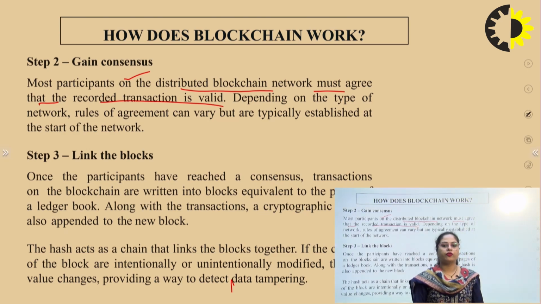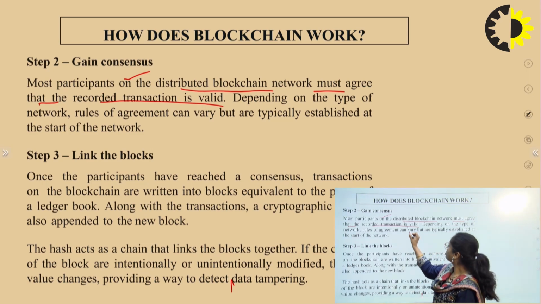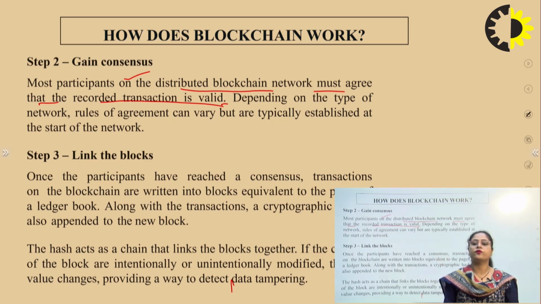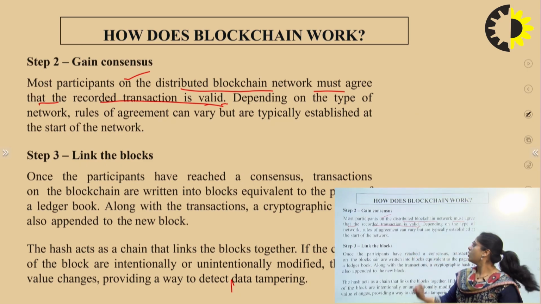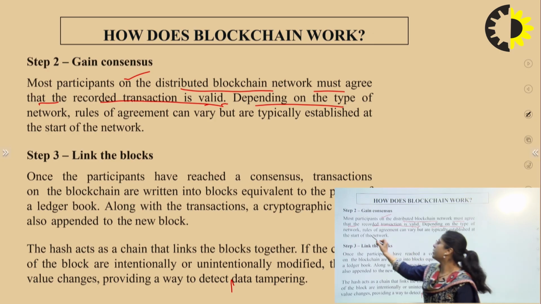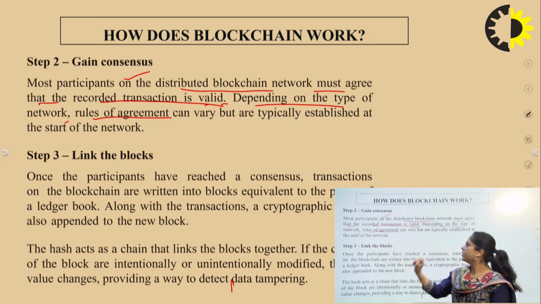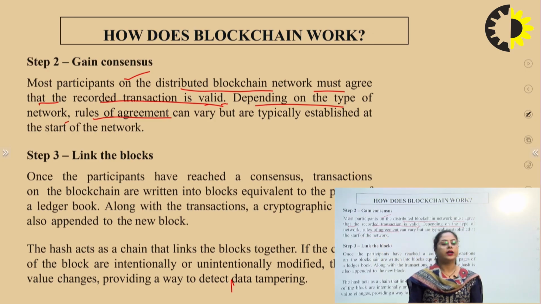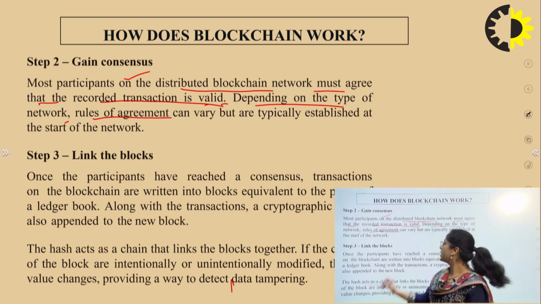Every node and every peer of the decentralized network has to give agreement for the valid transactions. Depending on the type of network, rules of agreement can vary, but are typically established at the start of the network.